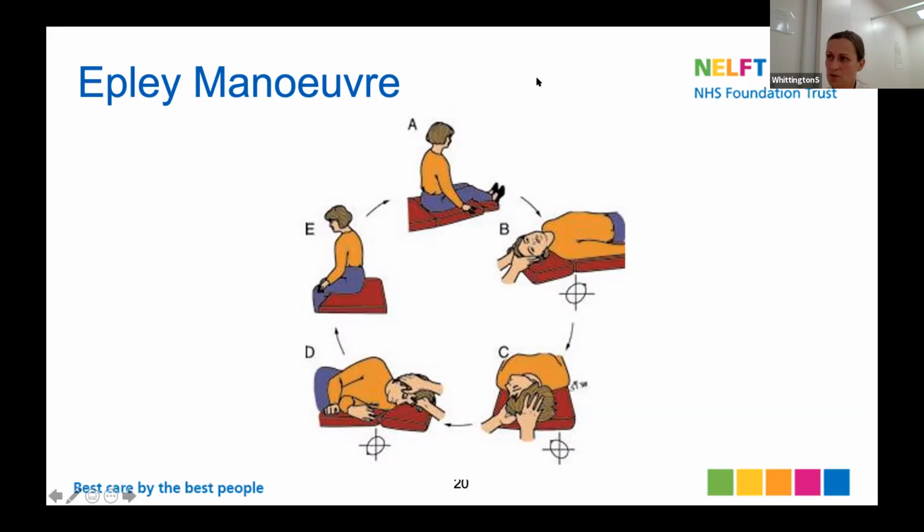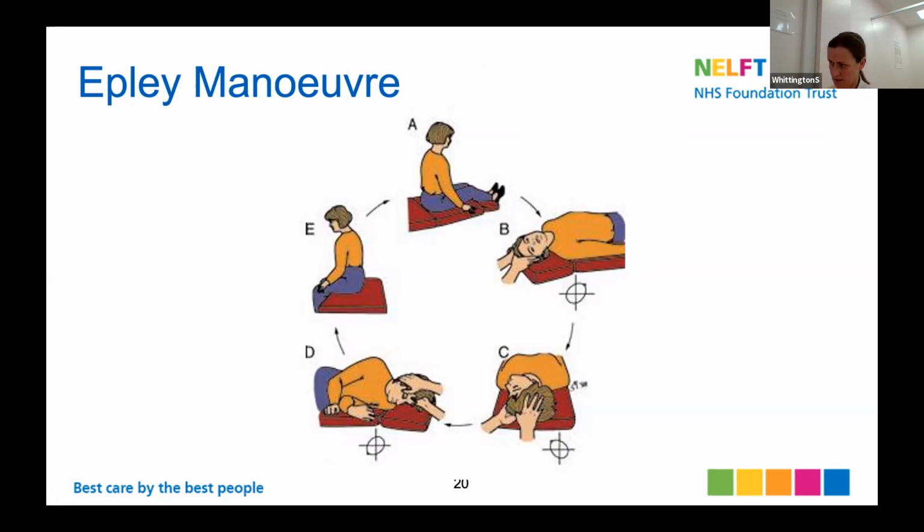So the otoconia take a moment to get into motion, and that's why there's usually a bit of a latent period. Then we have the nystagmus, like we watched a minute ago, the torsional nystagmus that beats towards the affected side if the posterior canal is affected. The nystagmus and the vertigo usually subside within under a minute.